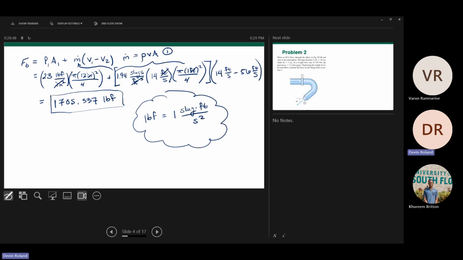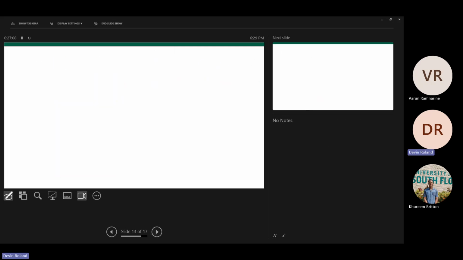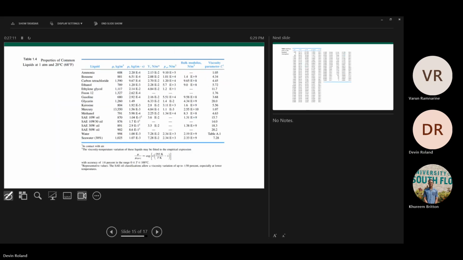And then the density, you can just find that from the table, right? Yes. He just gave me the value, but that's the standard value for density of water. Just in case we forget, it's on that table. I actually have it. Let me see if it's on this table here. Water.